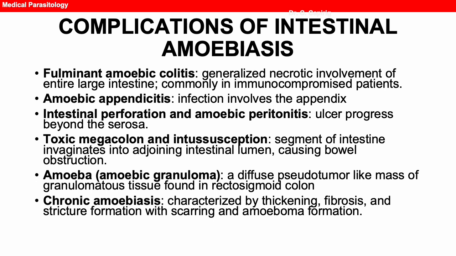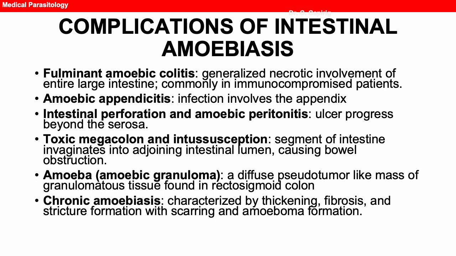Toxic megacolon and intussusception. In intussusception, a segment of intestine invaginates into the adjoining intestinal lumen, and this will potentially cause bowel obstruction. Amoeboma, again, is an amoebic granuloma. This is a diffuse pseudotumor-like mass of granulomatous tissue found in the rectosigmoid colon.